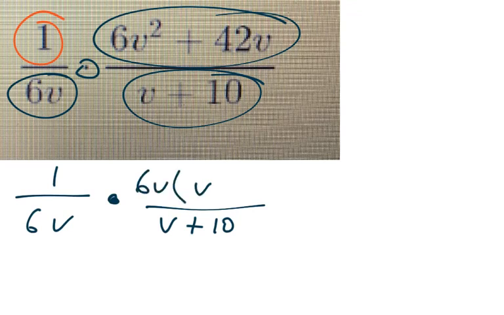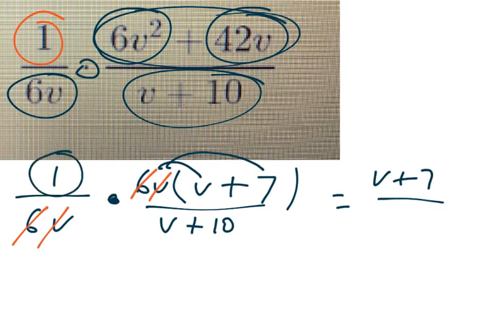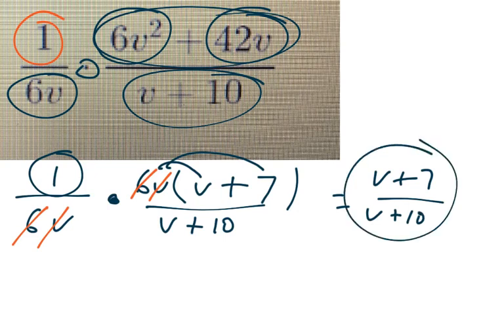So v times 6v is 6v squared plus 7 times 6v is 42v. Let's see here. 6 cancels out. The v's cancel out. I'm left with simply v plus 7 times 1, which is v plus 7, divided by v plus 10.